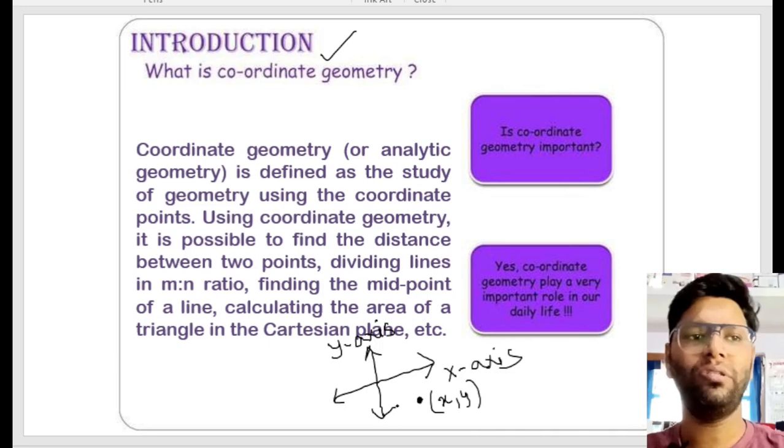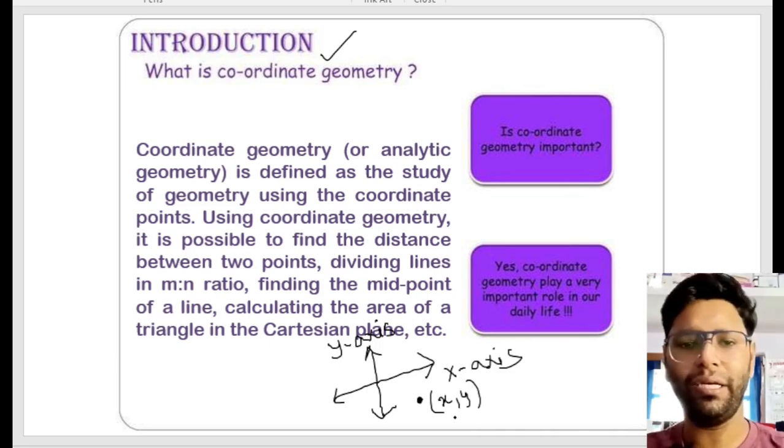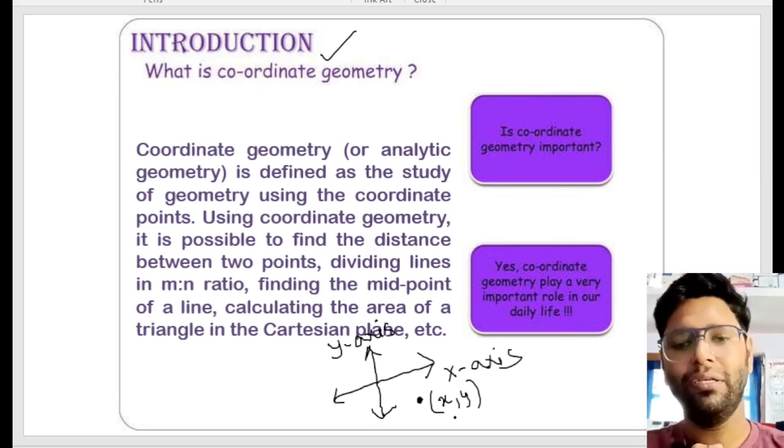With the help of these coordinates, it is possible to calculate the distance between two given points on this plane.